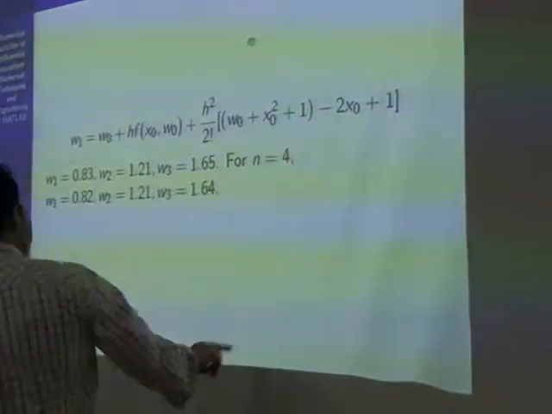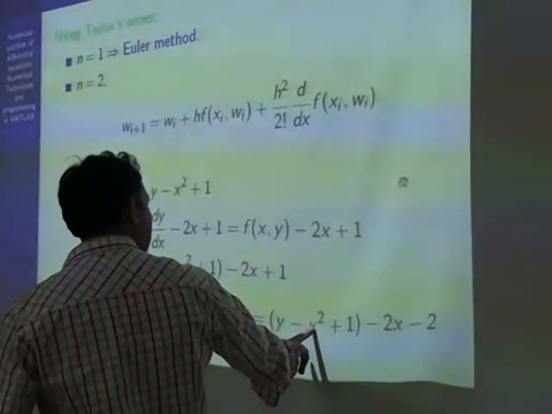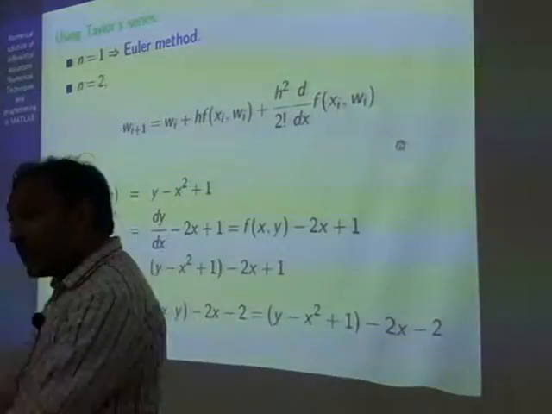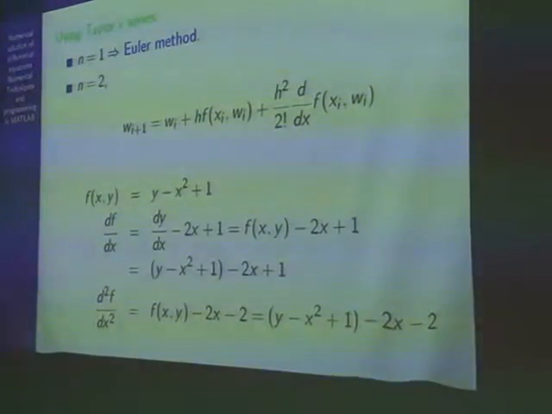If you want to go to the third derivative, go to the third derivative. You have dy by dx minus 2x minus 2 again, and replace dy by dx with this. You can compute all possible derivatives and write Taylor series of order 2, order 3, order 4, etc. So let us compute with this.